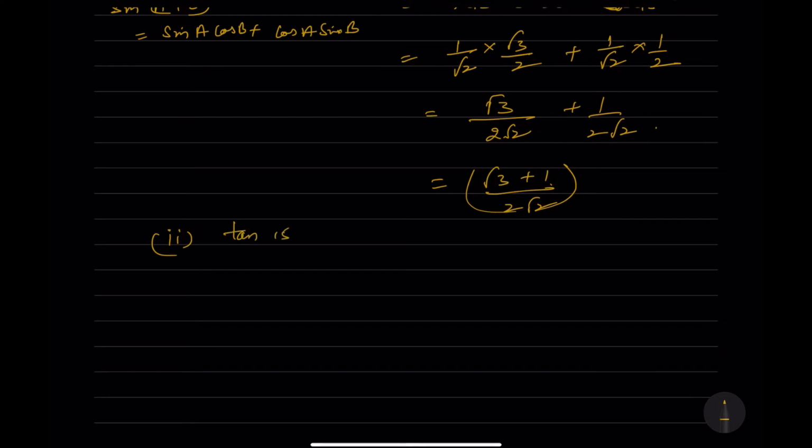Now going to the second one, tan 15 degrees. Here you can write it as tan(45 minus 30).